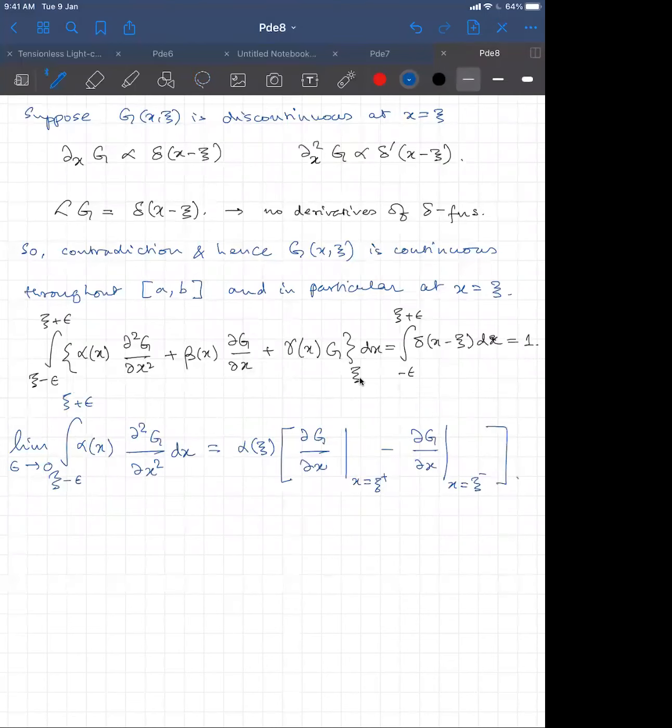And what is this? This is actually equal to 1, right?